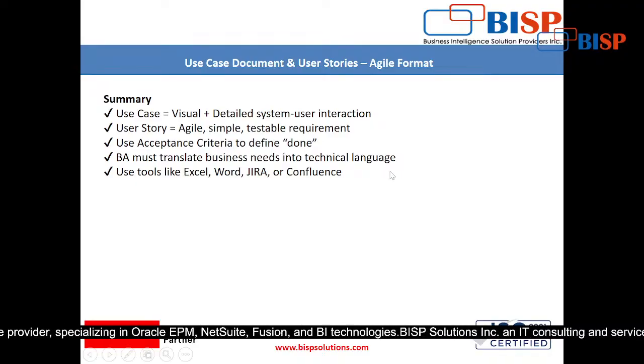Look at this. BA must translate business needs into technical language and use tools like Excel, Word, Jira, and Confluence. There are so many tools. So the best tools are Excel and Word, right?